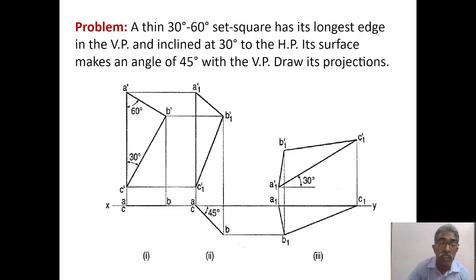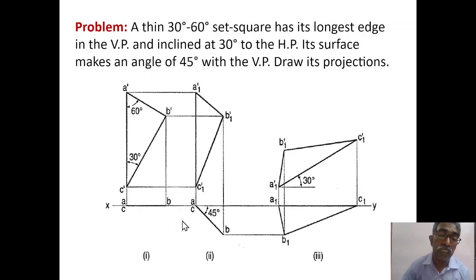Suppose by mistake you take B on the xy and then make the surface inclined. That is wrong here, because if you have taken B on xy, that point B is simply a single point that represents the corner B in a vertical plane. In the same question, suppose the corner B is given in a vertical plane and the surface is making an angle.